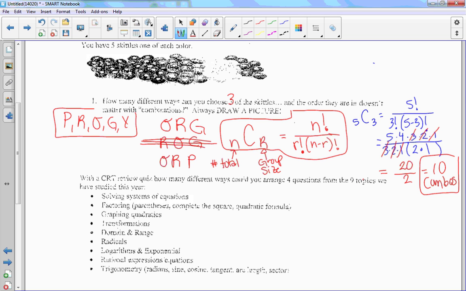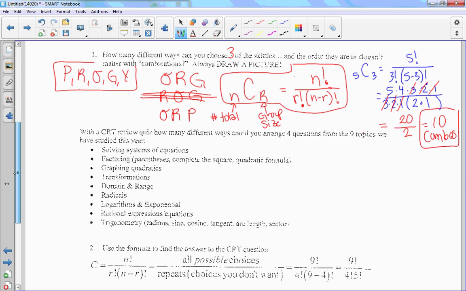And you see the nPr and nCr? We're doing combination with the C version. And when you do 5 choose 3, did you get 10? Yes.